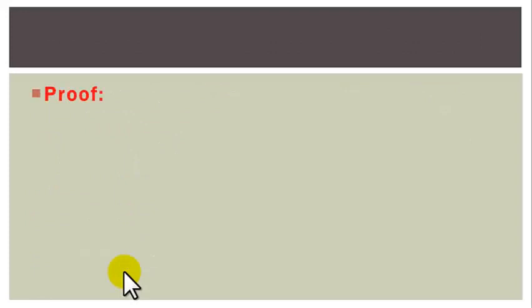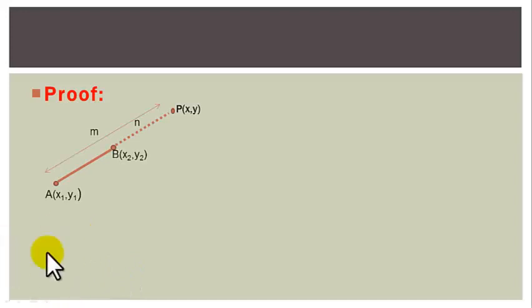Let us prove the formula. Again, these are the two given points A and B, and this is a line segment joining the two points. If this line segment is extended to a point P, then this point P is the external point of division.